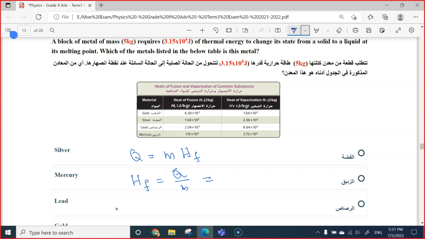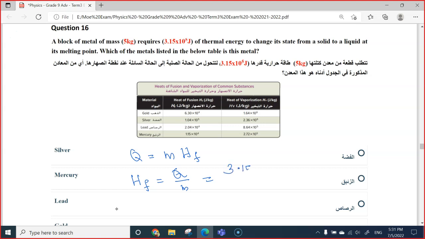Here Q means how much thermal energy is absorbed by the material. So this metal of mass 5 kg is absorbing 3.15 times 10 to the power 5 joule of thermal energy, divided by the mass of the metal. So here mass of the metal is 5 kg, so divided by 5 kg.